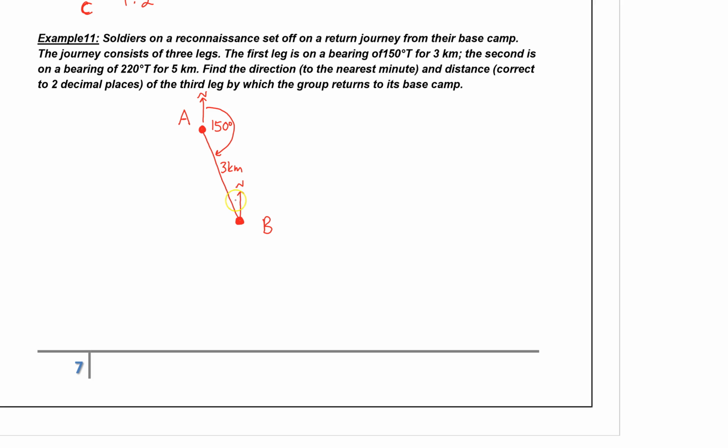My second leg goes from here, from A there, B here. My second leg is 5 kilometers 220, is back this way. So this should take us to somewhere like this. 5 kilometers. Now it's 220 all the way around here. I'm going to ditch that B for the time being.